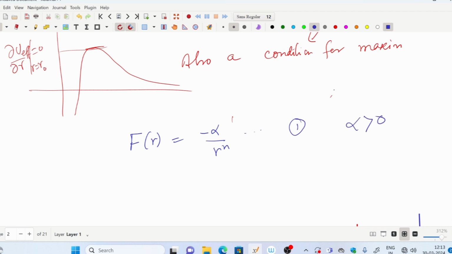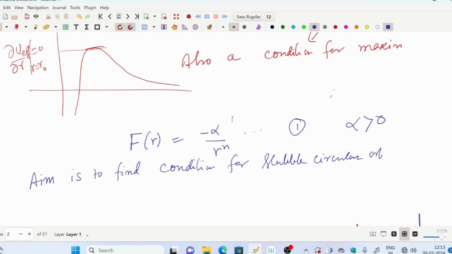Our aim is to find the condition for a stable circular orbit for the central force given in equation 1.